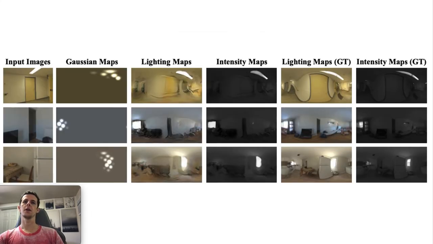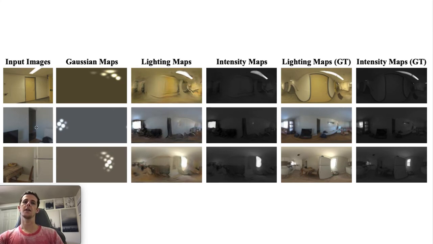So here you can see some results that they show in the paper. You take this input image, then you have this intermediate representation, and then this is the final result that they show. You can see we see the light here, and it also puts that in the final output.